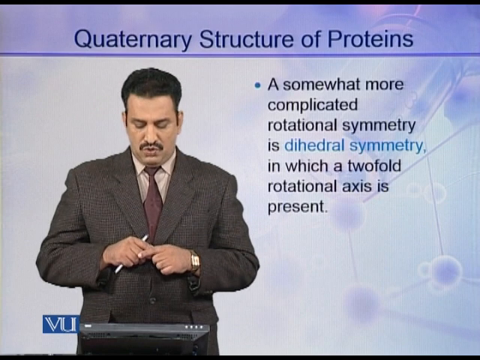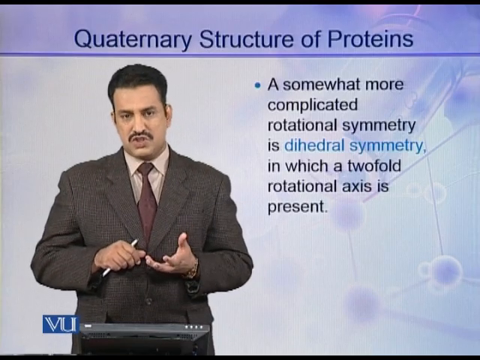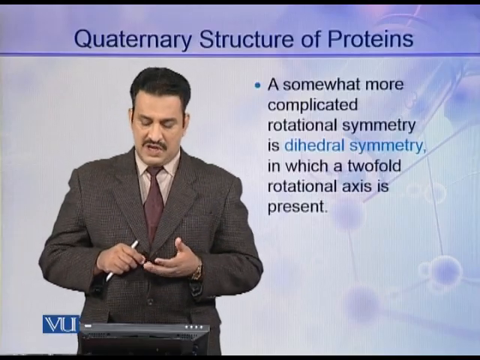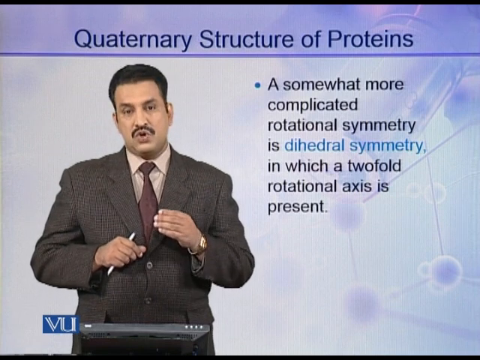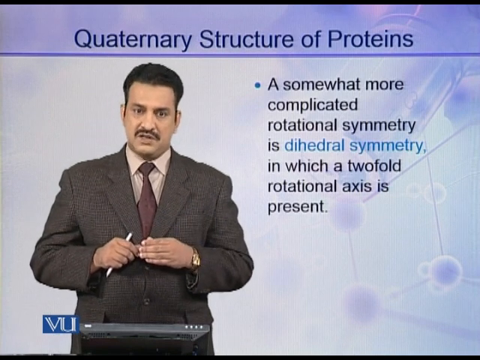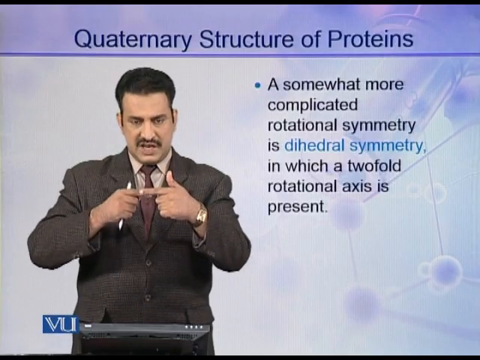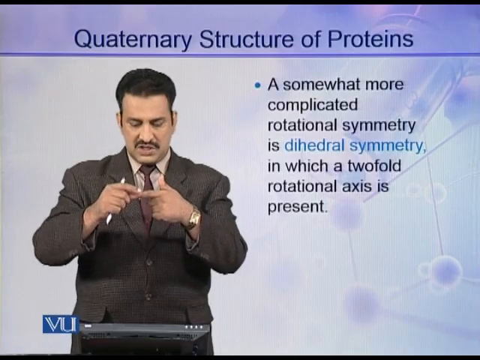A somewhat more complicated rotational symmetry is dihedral symmetry. This is another type of rotational symmetry. In the dihedral symmetry, a twofold rotational axis is present. That means there is one rotational axis and protomers are arranged like this.